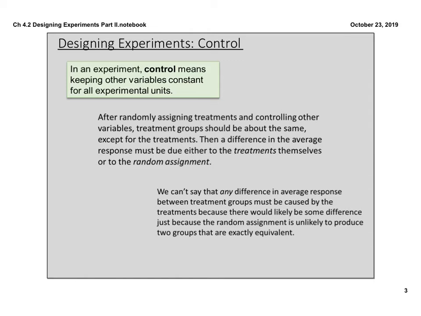It's impossible to make your groups exactly equivalent, okay? That goes into the fact of saying association cannot imply causation. There's a lot more that we have to do in order to imply causation, and there's some testing that's involved that we get into later in this year.